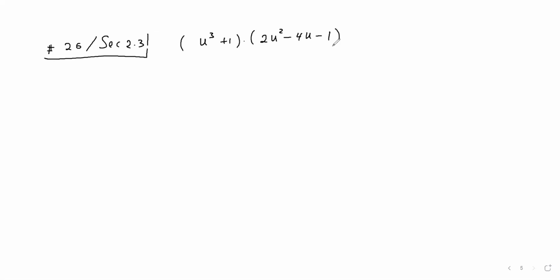All right, so we want to do the derivative of this. This function is called b of u. I don't know why b, but it's just a name there. So the question is find b prime of u.